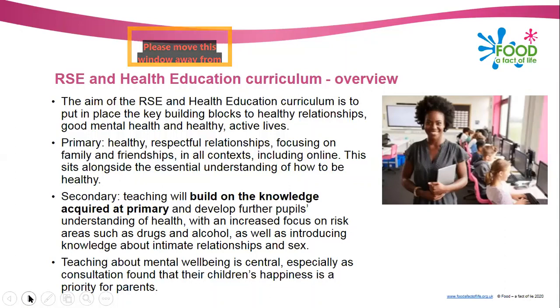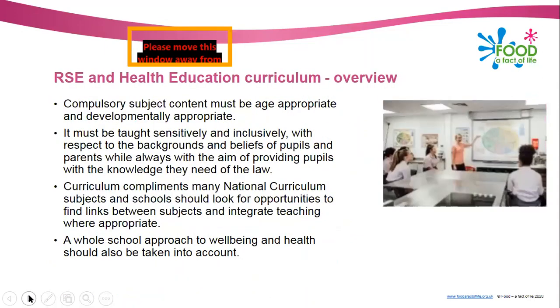You have to make sure that you're continuing with what you were teaching at primary and then continue that with additional aspects at secondary. Particularly at the moment, and also going forward, teaching about mental well-being is central, especially as consultation found that children's happiness is a priority for parents.